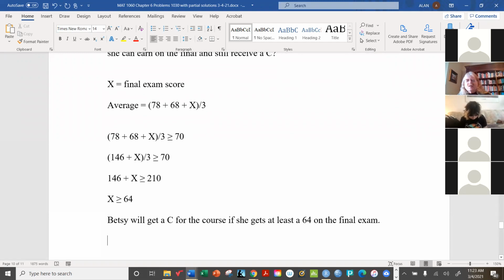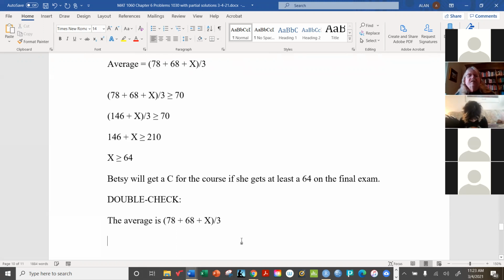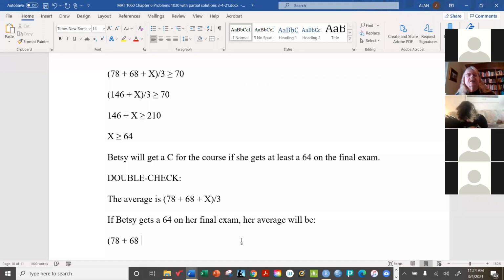I don't know. It depends on what they're doing in this class, but for the double check, the average is, again, as we've seen up here, these 3 divided by 3. If Betsy gets a 64 on her final exam, her average will be: 78 plus 68 plus 64 over 3.